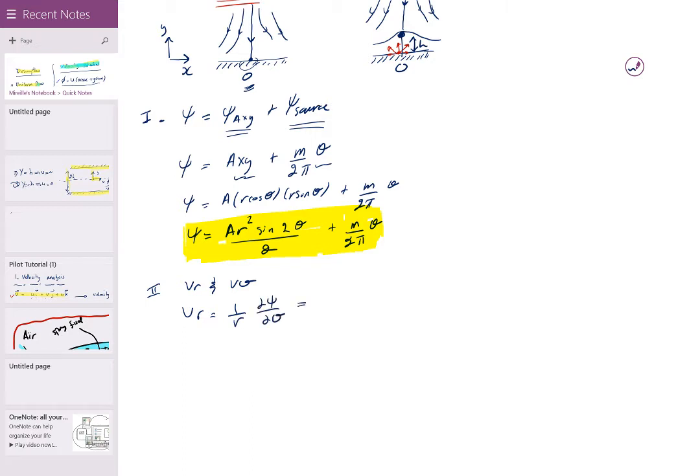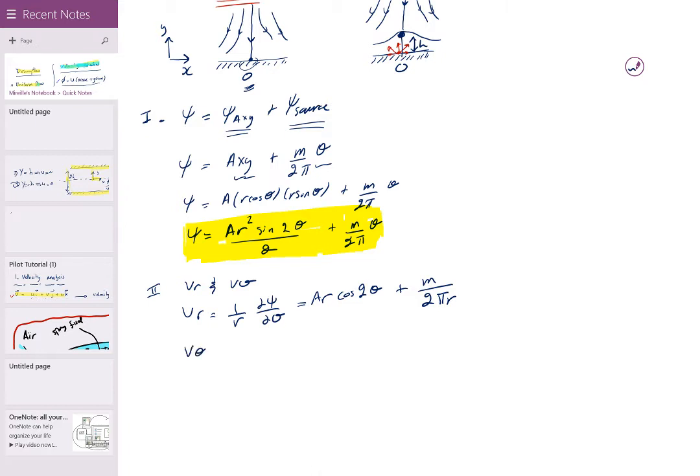So I'm going to be left with A r, a constant. Sine 2 theta over 2, I differentiate, I'm going to get 2 cos 2 theta. So 2 cancels 2. I'm going to be left with this plus my 1 over r, m over 2 pi r.